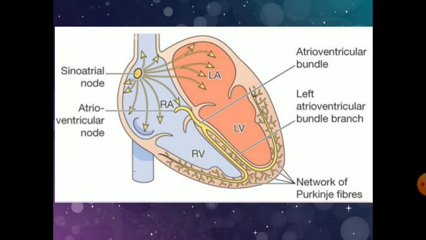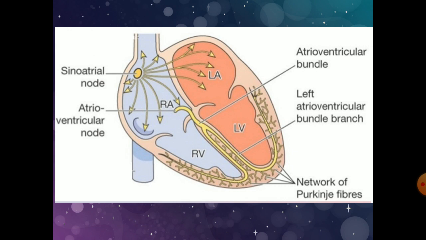Atrioventricular node, as its name indicates, is present between the atrium and ventricle. Here the electrical impulses go to the atrioventricular bundle, which is also present around the AV node. You can see in the picture, it's in the midline, the AV bundle.